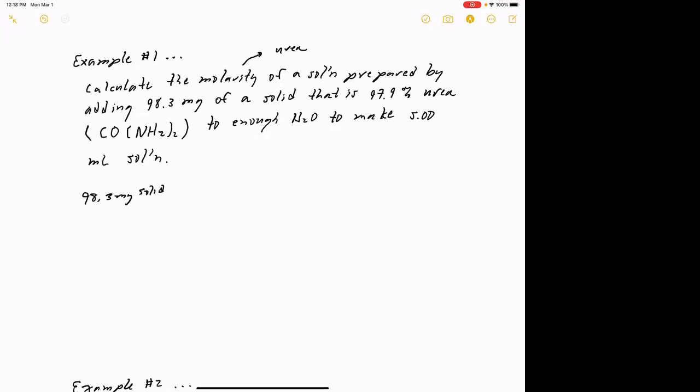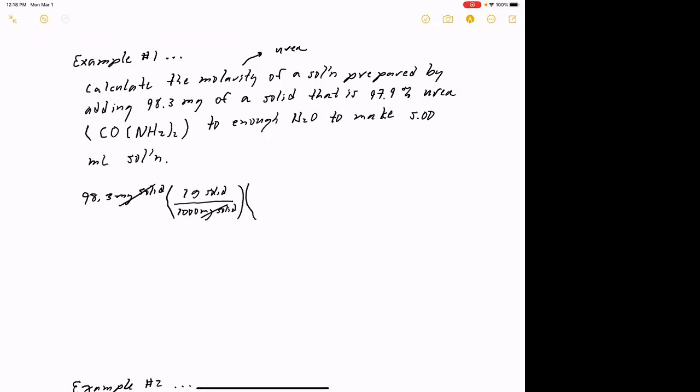And again, identity is important here. Let's go ahead and convert that to grams while we're here, because we're going to have to do that sooner or later. For every 1,000 milligrams of the solid, I've got 1 gram of the solid. So milligrams cancel with milligrams.